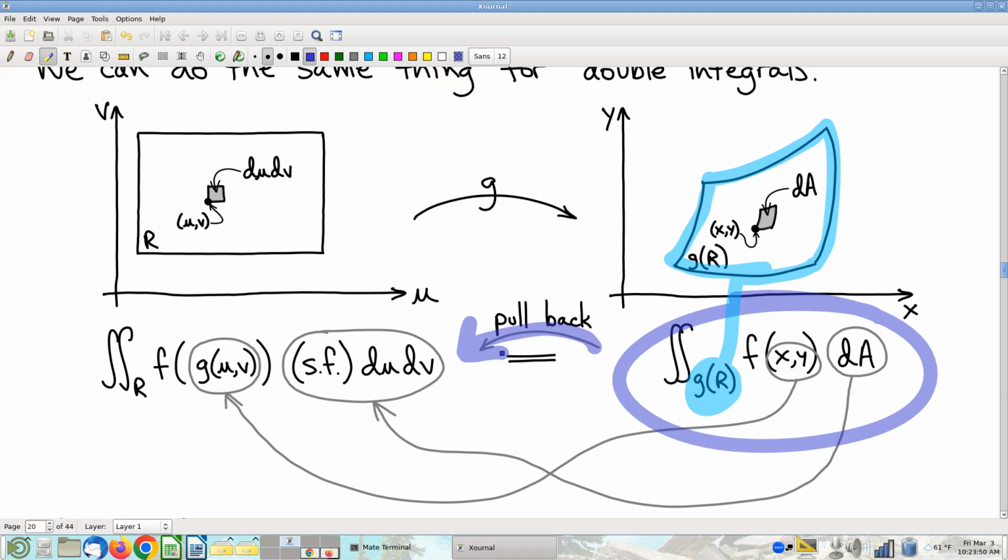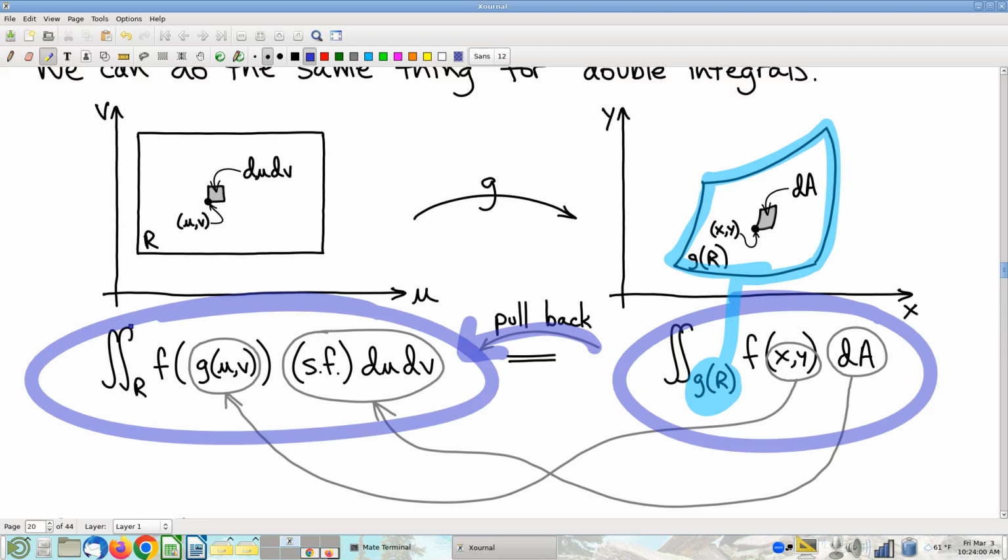Expressions pull back, points push forward, domains and sets push forward, expressions pull back. So it's going to turn into some integral over here that takes place on our original input domain. And so the blue integral on the right is going to turn into the green integral on the left.